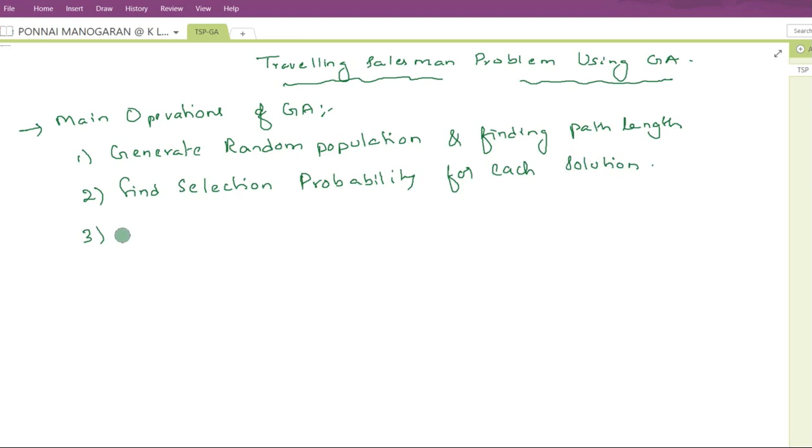Third step is, we have shown you the pseudocode and we will write briefly here.